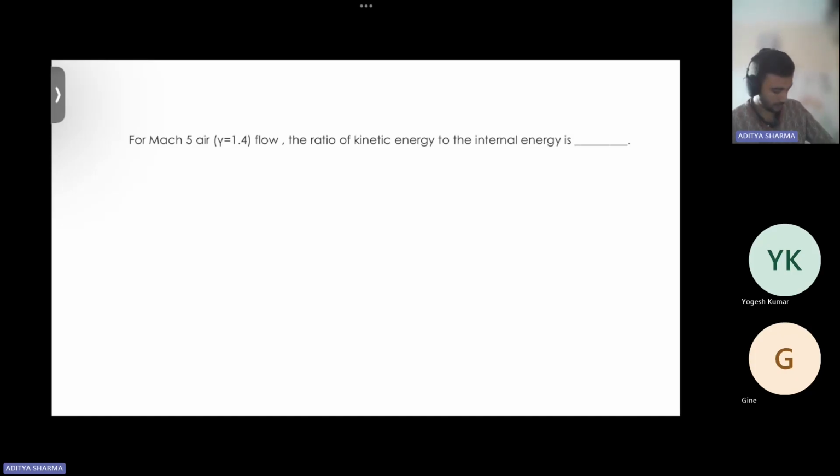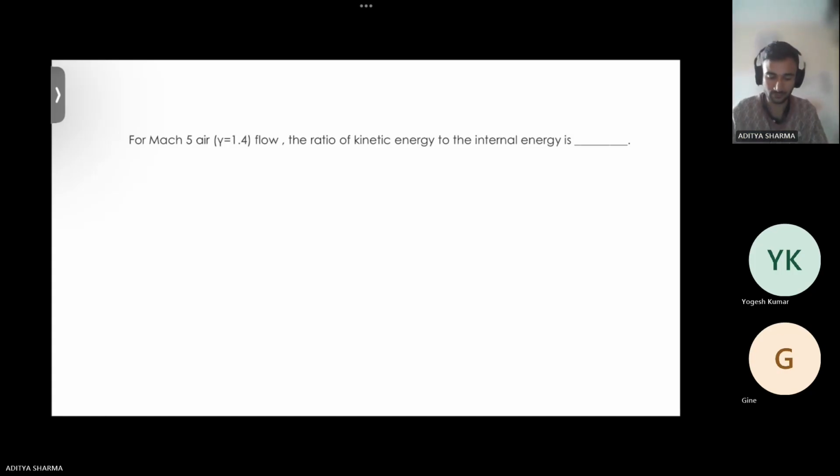We shall move to our next question. For Mach 5 air, gamma, the specific heat ratio, is 1.4. The value of gamma has been given and Mach of 5 has been given. So the ratio of kinetic energy to the internal energy is?